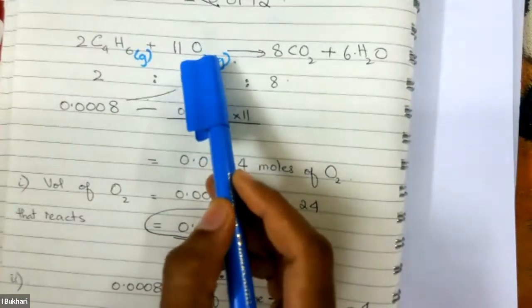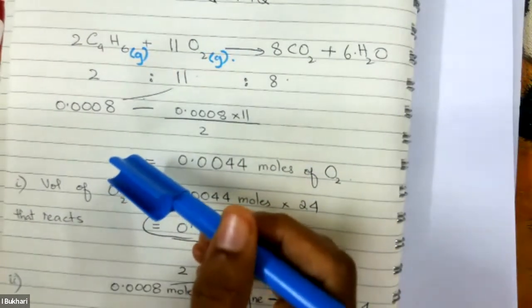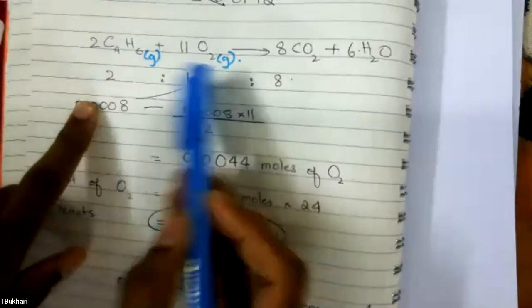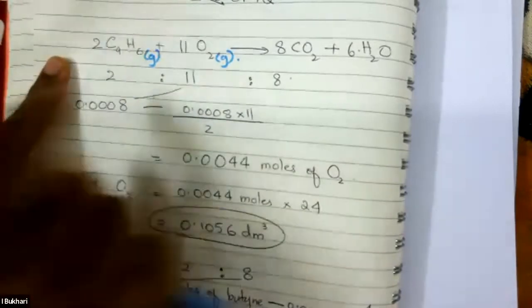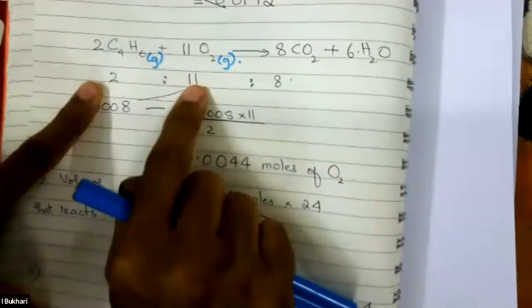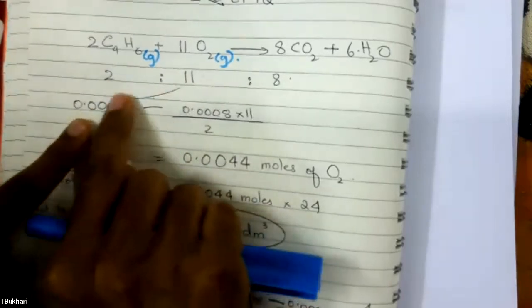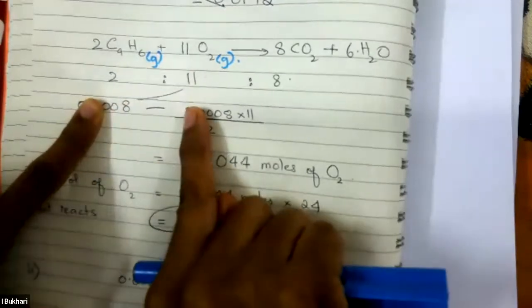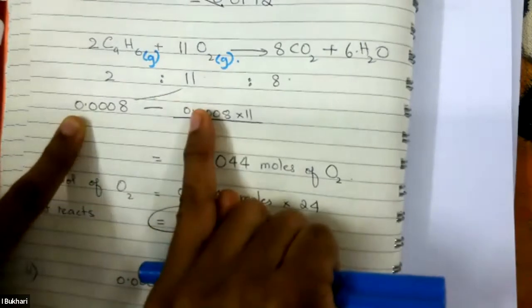The question is asking what volume of oxygen is reacting. Of that 150, how much is reacting? Using this ratio, because for every 2 moles of butane we need 11 moles of oxygen, whatever the moles of butane will be, we will use the ratio to find how many moles of oxygen are required.